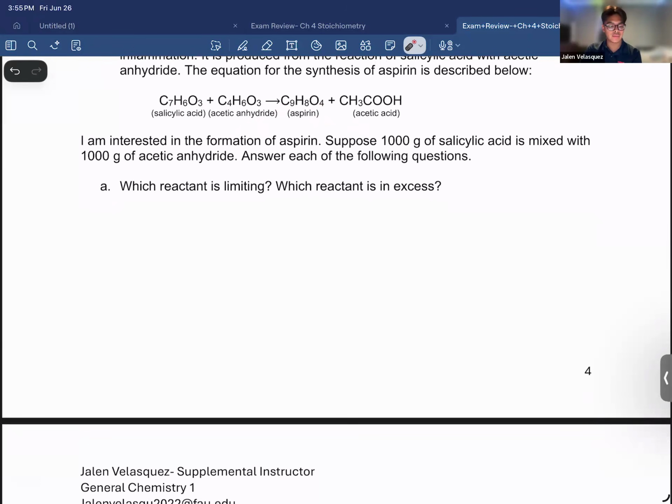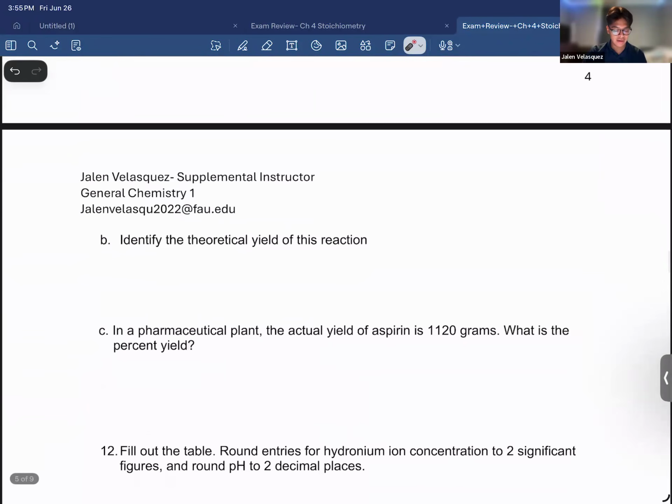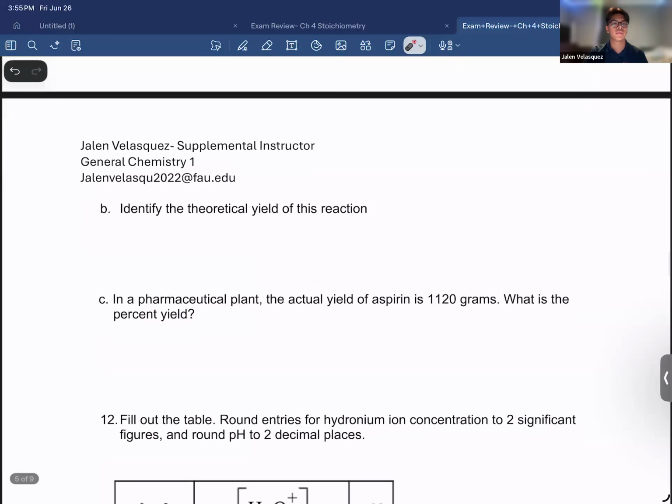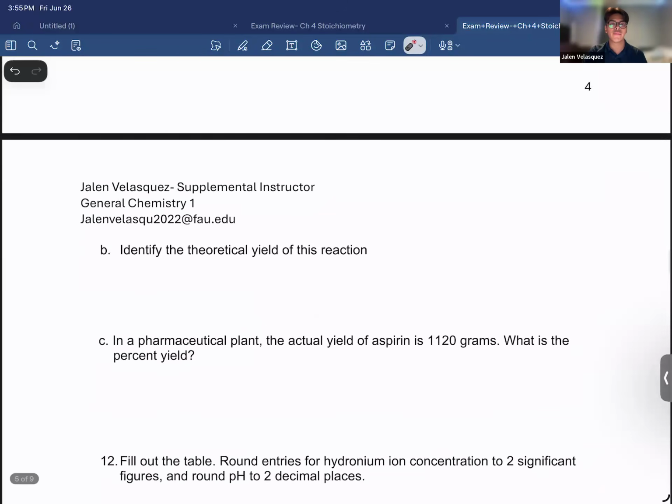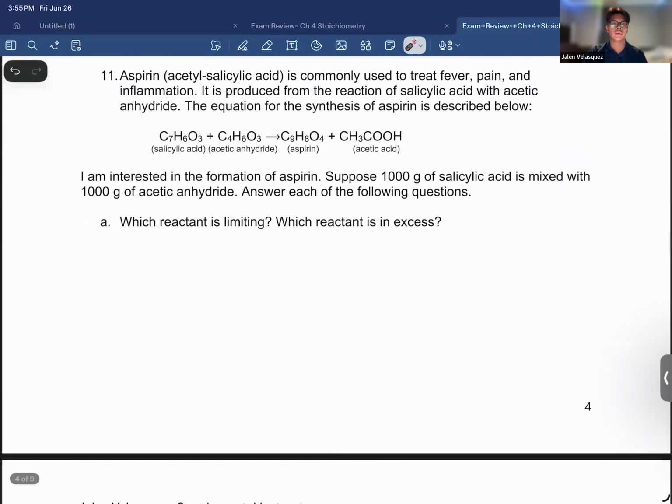Suppose 1,000 grams of salicylic acid is reacted or mixed with 1,000 grams of acetic anhydride. And I have a three-part problem for us to answer. So part A, which reactant is limiting, which reactant is in excess, identify the theoretical yield, and then find the percent yield. So I'll give you about 5 minutes to look through that and start it, and then we will go through it.